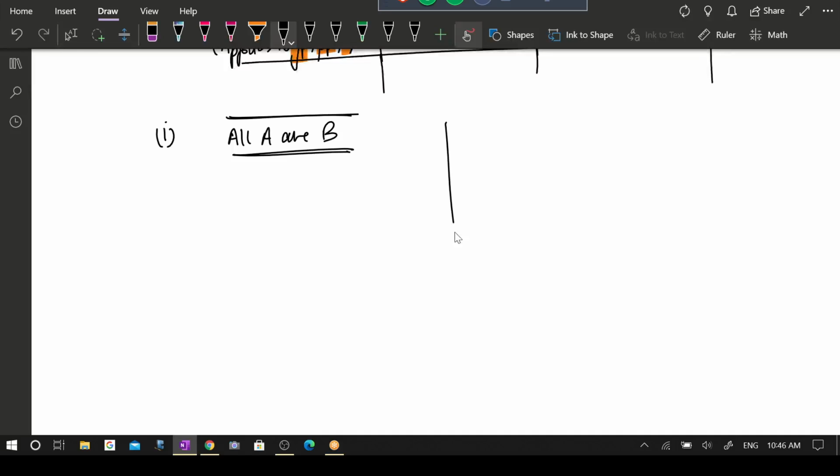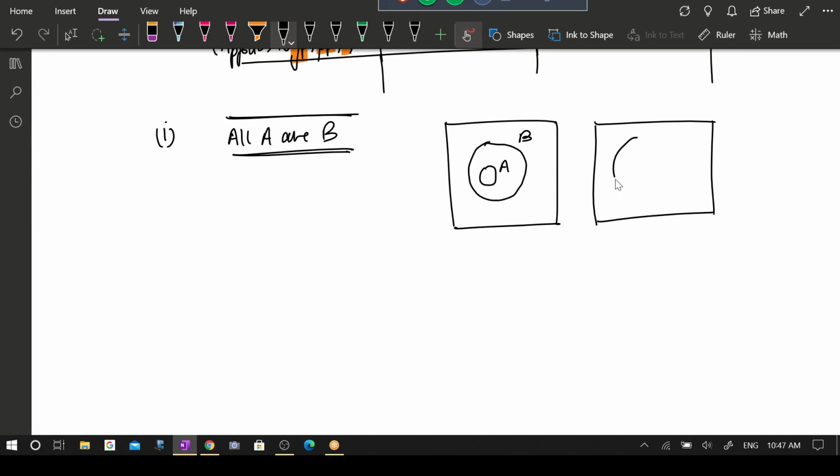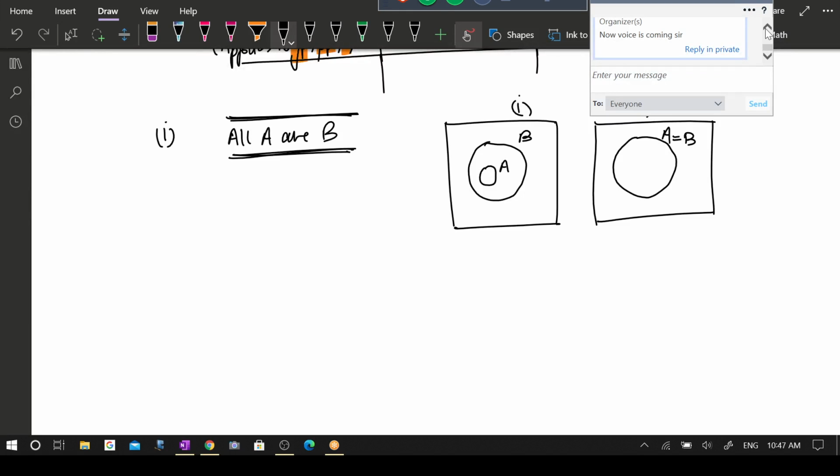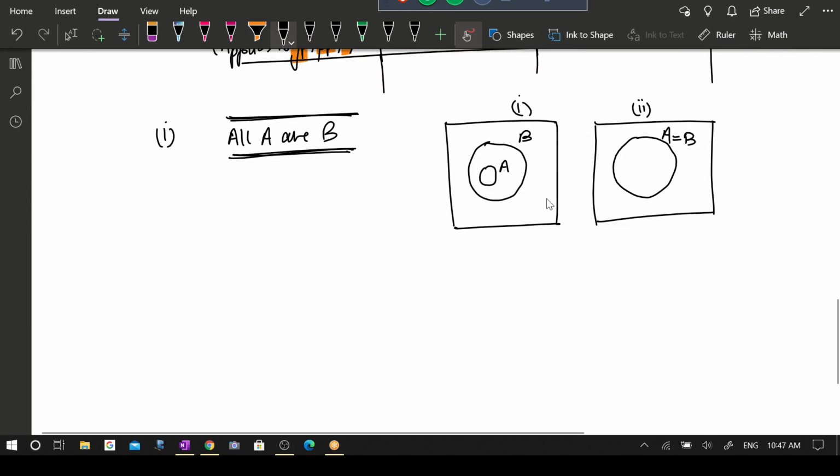When I make a photograph of all A are B, either this is it, or we have to think of all possibilities: A is equal to B. These are the two pictures, picture 1 and picture 2, the two photographs of all A are B. Pawan, don't worry, this class is being recorded. So these are the only two aspects.